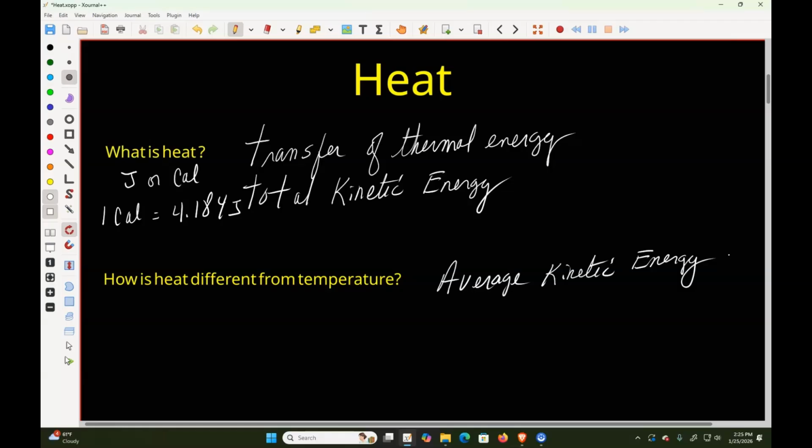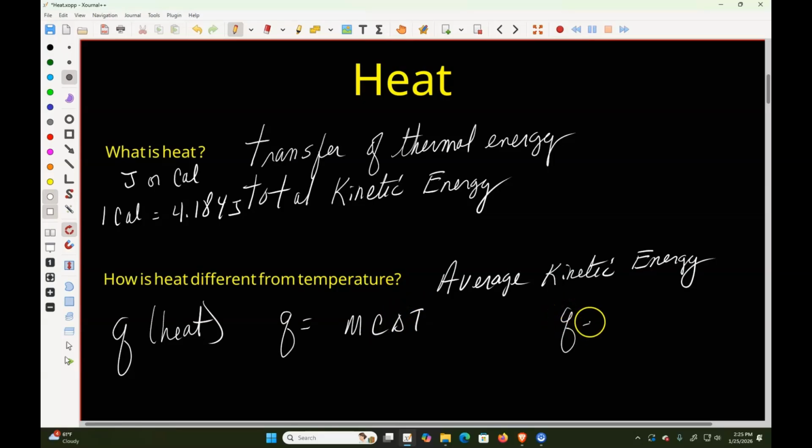We will let the letter Q represent heat. I have two basic formulas: Q equals mc delta T and Q equals Lm.